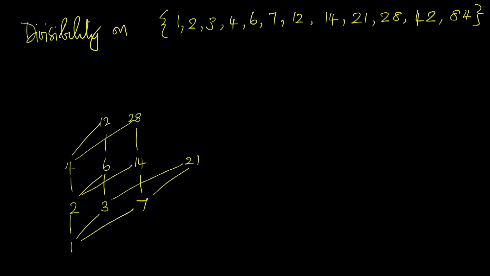So there is no number so that 4 divides that number and that number divides 28. So there is no intermediate element between 4 and 28. So you have to draw a line from 4 to 28.